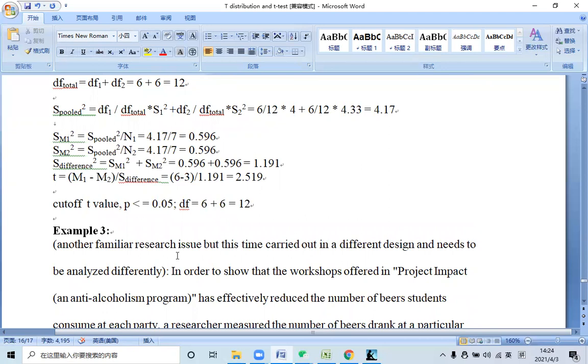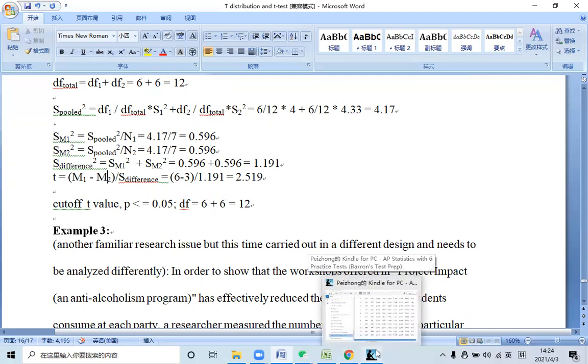We are predicting mean 1 will be larger than mean 2: the inexperienced group will have more fear than the experienced group. So we do a one-tailed test.